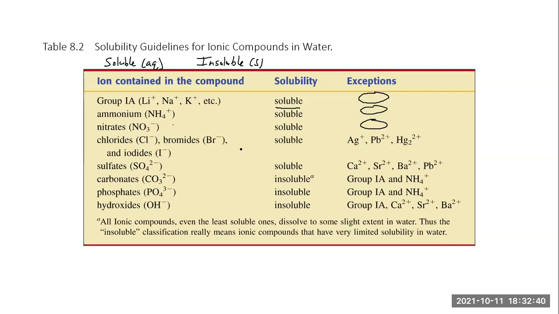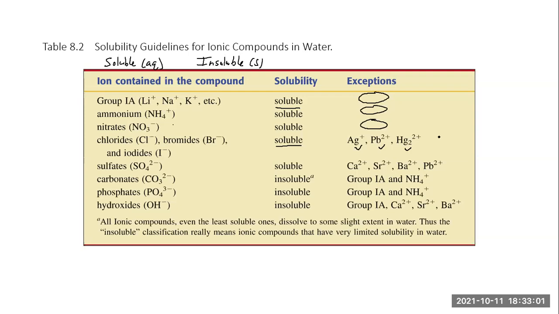Now, if you see chloride, bromide, or iodide in a formula, it is typically soluble, but there are 3 exceptions. These are silver, lead, and mercury(I). So if you have silver and chloride together or silver and bromide together, that is an exception. So normally things are soluble.